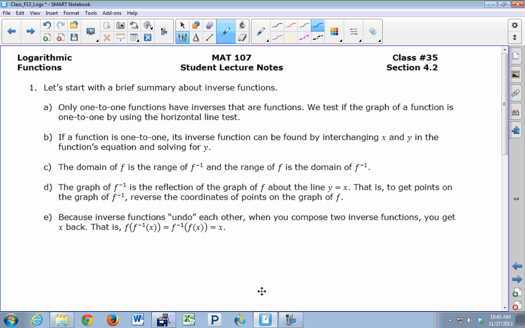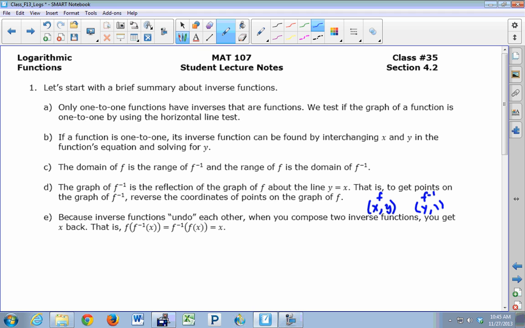Okay? And D, Glenn? The graph of f^-1 is the reflection of the graph of f about the line y equals x. That is, to get points on the graph of f^-1, switch the first and second coordinates of the points on the graph of f. So if we know that these 2 points are on the graph of f, then what do the points look like on the graph of f inverse? (y, x).